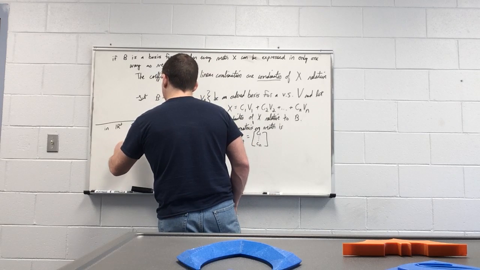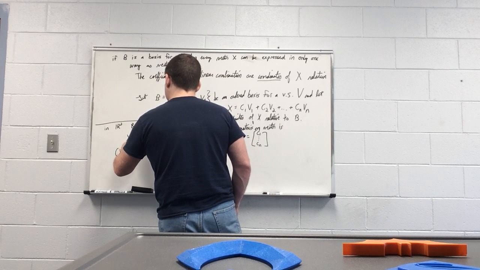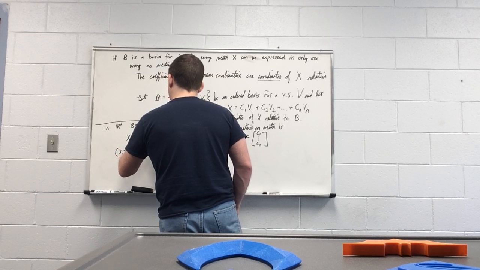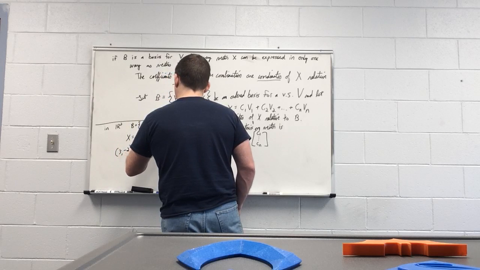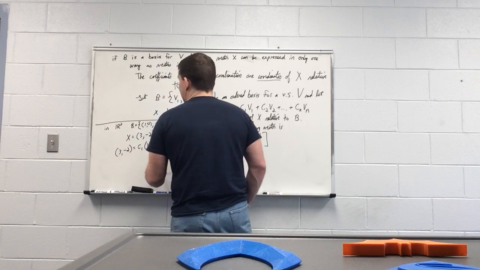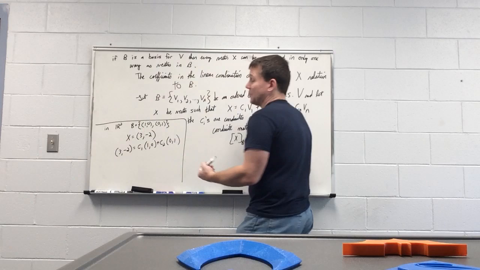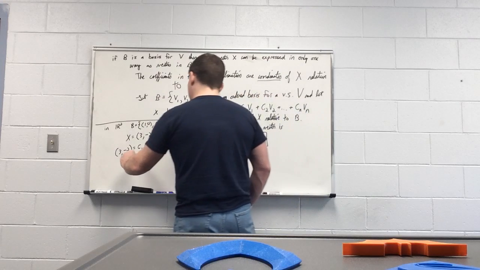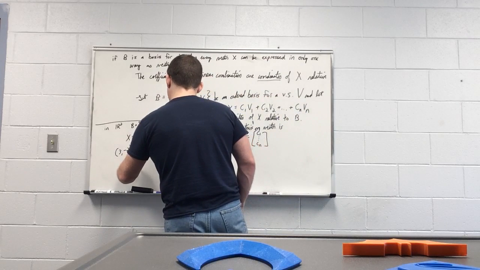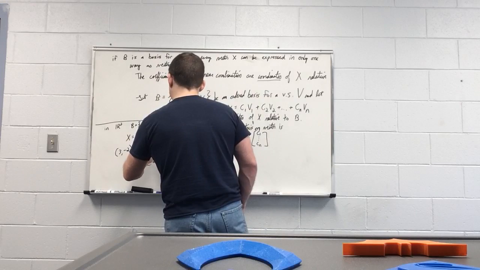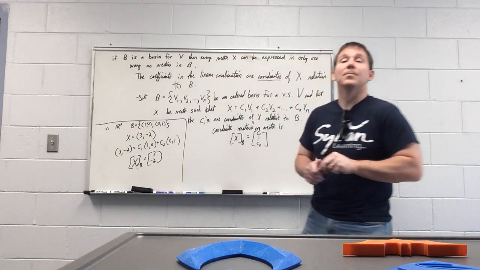I know I don't need to do this, but to write it out formally, x is equal to C sub 1 (1, 0) plus C sub 2 (0, 1). And clearly, C sub 1 is 3, C sub 2 is -2. Which would then tell me my coordinate vector, x sub B, is equal to (3, -2).